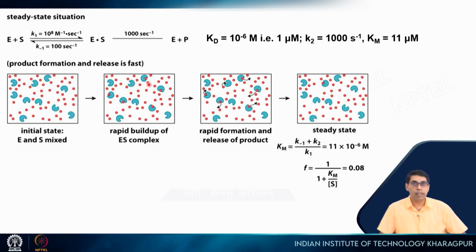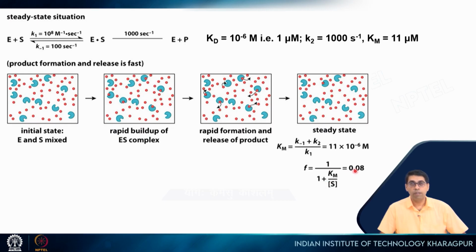So what happens in this case is that the substrate binds to the enzyme, and once it binds, it gets very rapidly converted to the product and the product is released. Under this condition, what is our occupancy? Occupancy is this. Km is 11, substrate concentration is 1, so the ratio is 11, 11 plus 1 is 12.